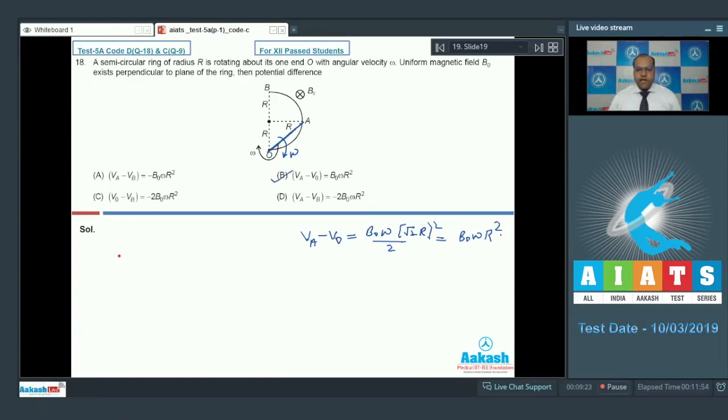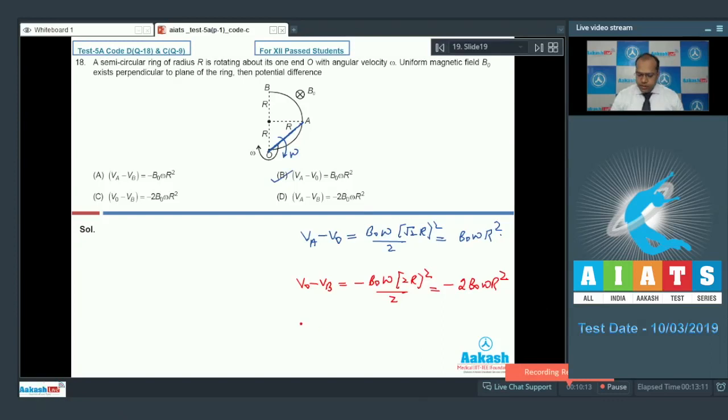Now similarly, if I calculate the potential difference between points O and B, then B is at higher potential. So we can write VO minus VB is equal to minus B0 omega, L effective value is 2r, so (2r) square divided by 2. So on solving, it comes out to be minus 2 times B0 omega r square.